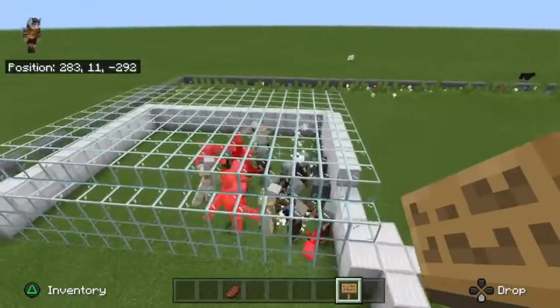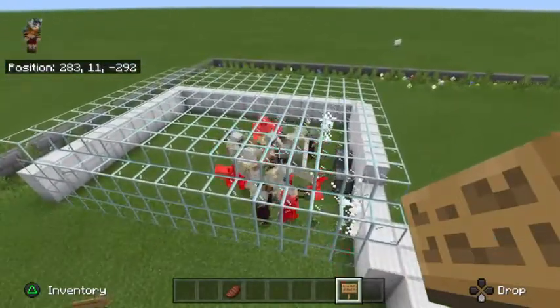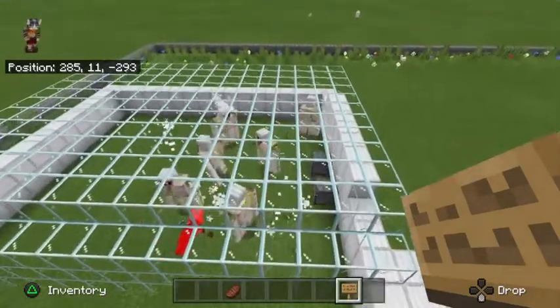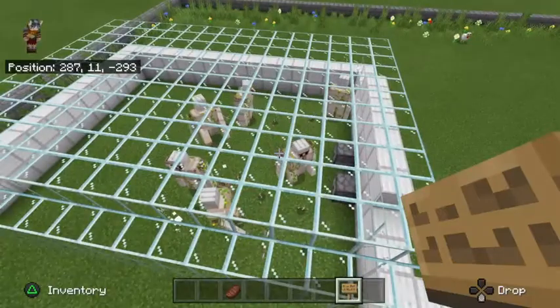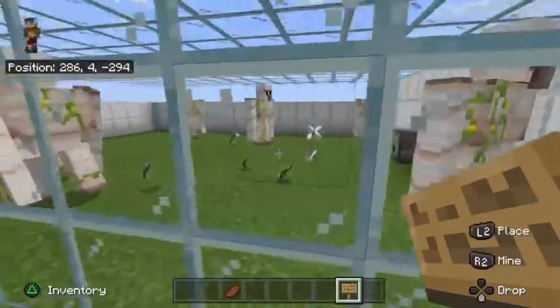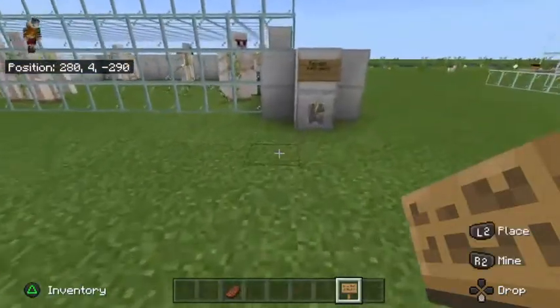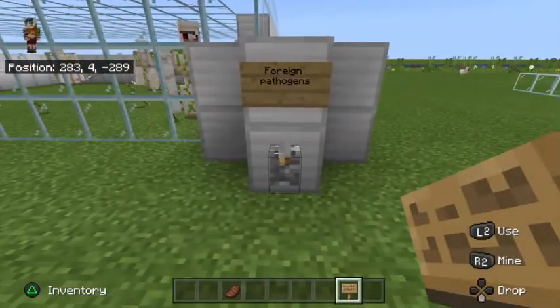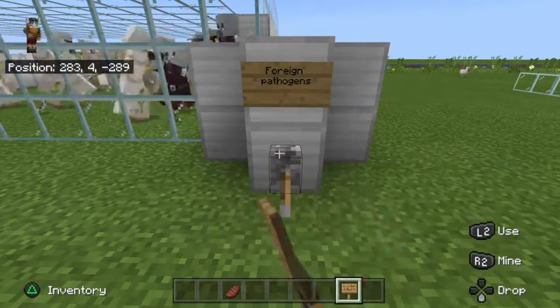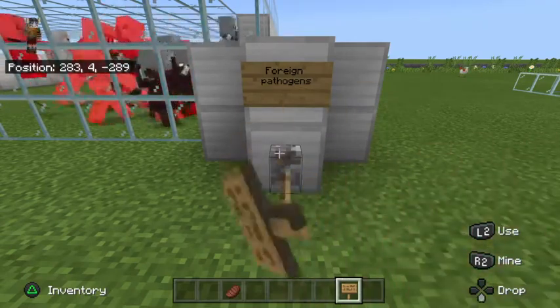As we can see, the proteins are defending the body from the foreign pathogens. They do a pretty good job of it, if I do say so myself. Let's do some more for good measure, just to really demonstrate it. See how much they can handle.